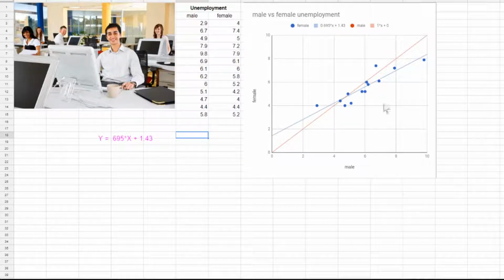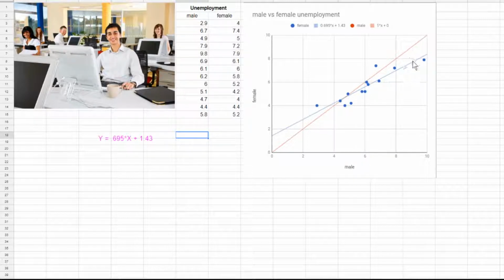But look at this graphically. This red line, which is the male unemployment rate, is going up at a faster rate than the female unemployment rate. And that's because of this 0.695 number here. This slope is less than 1, and that's what you see here.